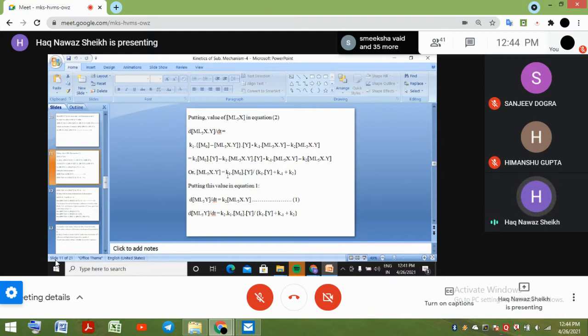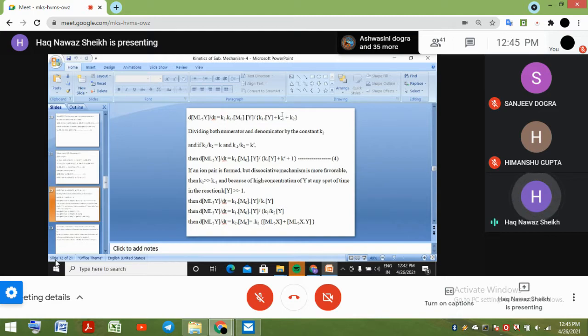So this becomes equal to K1 M0 Y divided by K1 Y plus K minus 1 plus K2. So putting this value in the equation, the rate of reaction depends upon K2 into the intermediate. Then you have K1 K2 M0, the original concentration of the complex, Y divided by K1 Y plus K minus 1 plus K2.